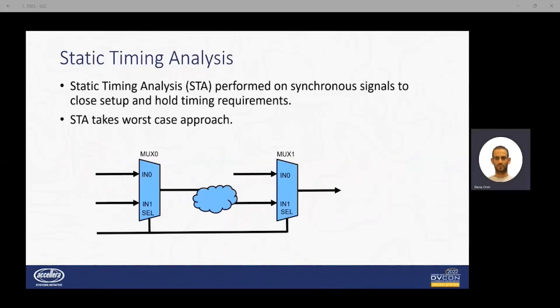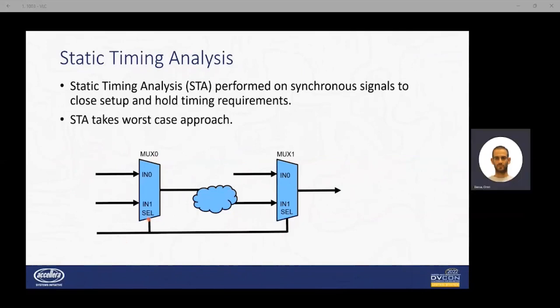Let's talk about static timing analysis. Static timing analysis is the tool that the STA team uses in order to make sure that we meet the timing requirements. Let's take a look at the following example. Here we have 2 different MUXes, MUX number 0 and MUX number 1. They're both connected to the same select.